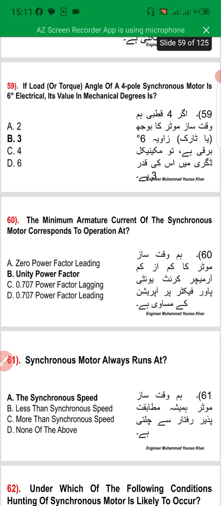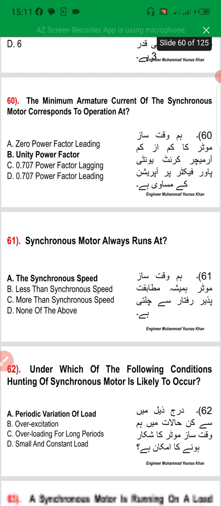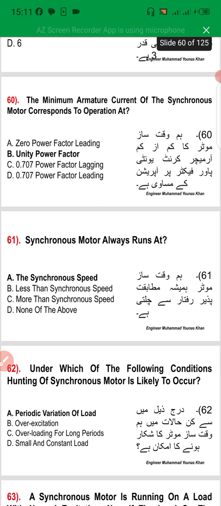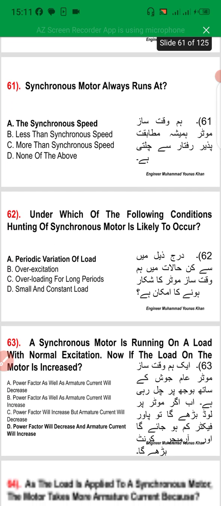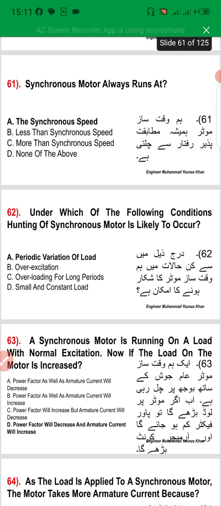If load or torque angle of a 4-pole synchronous motor is 6 degree electrical, its value in mechanical degree is 3. The minimum armature current of the synchronous motor corresponds to operation at unity power factor. A synchronous motor always runs at the synchronous speed.